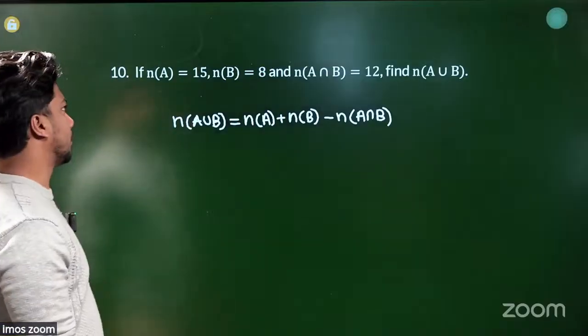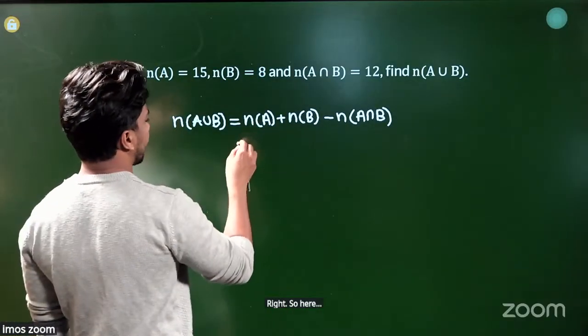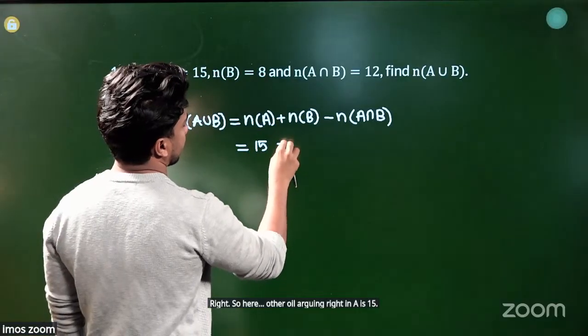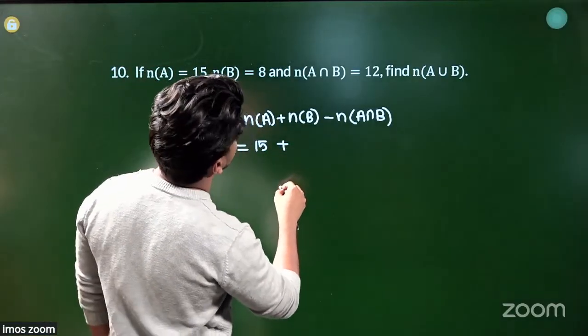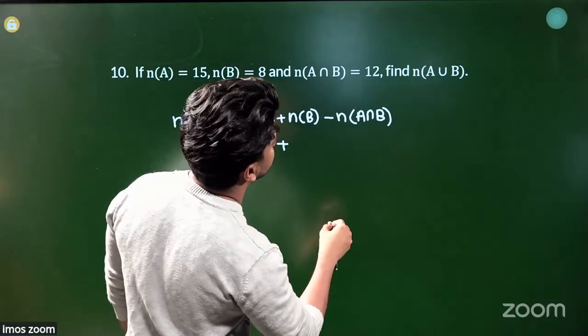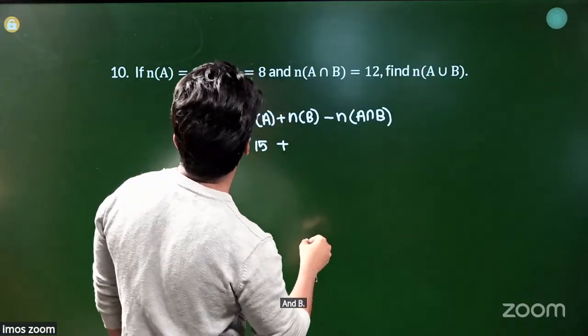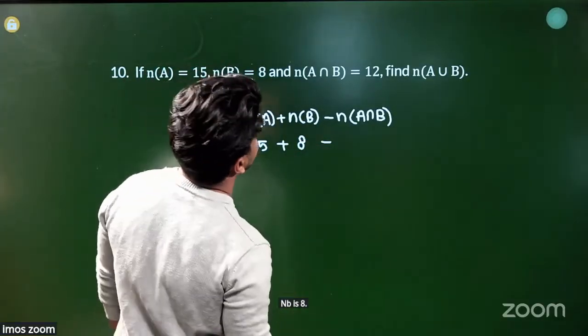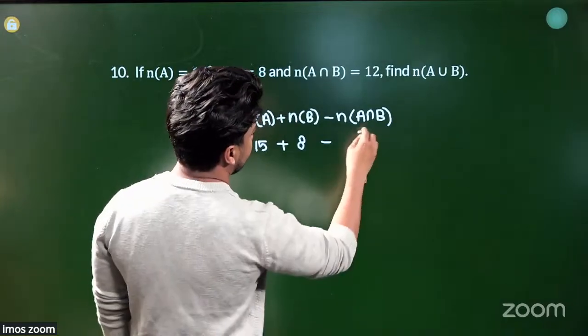Right. So here all the others are given, right? n(A) is 15, n(B) is 8, n(A intersection B) is 12.